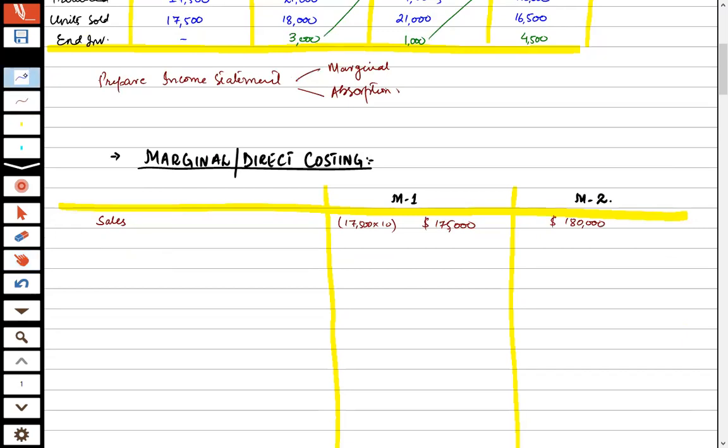Now after that, in financial accounting, what appears after sales would be cost of goods sold. So here also, in the income statement, we will incorporate cost of goods sold, but it would be only and only on the basis of variable. So we will write variable cost of goods sold.